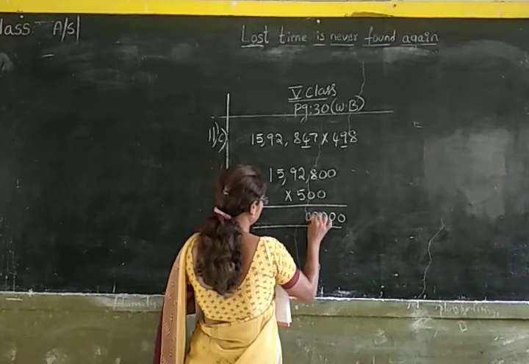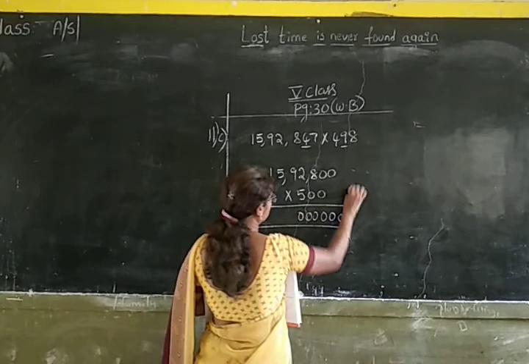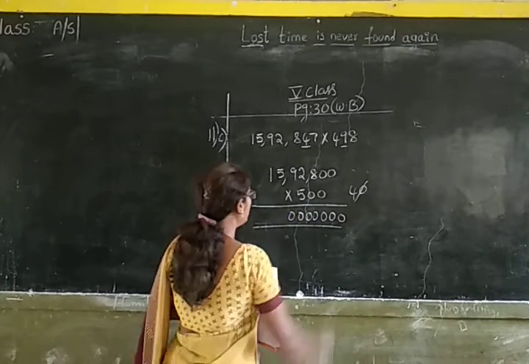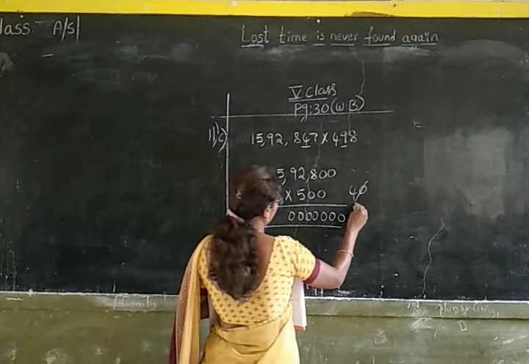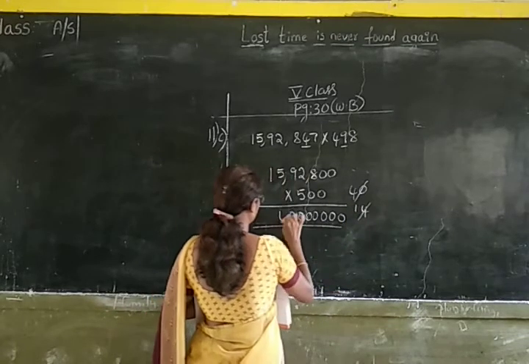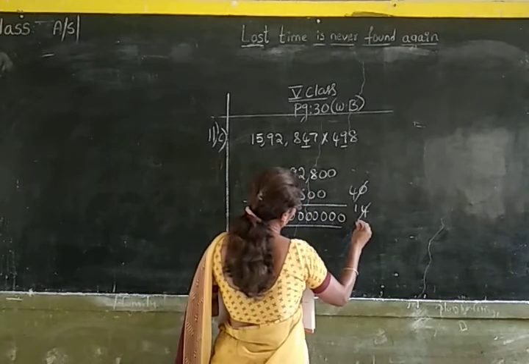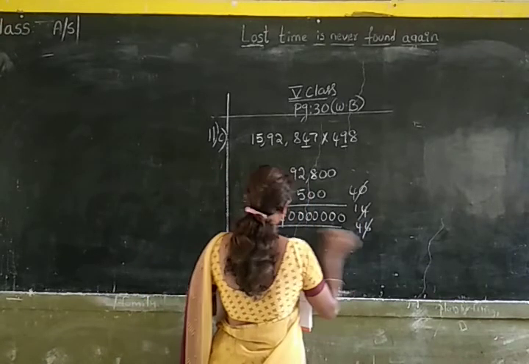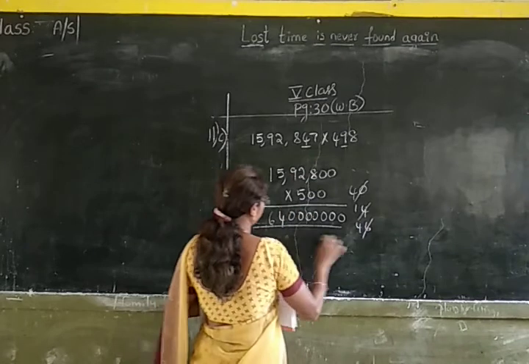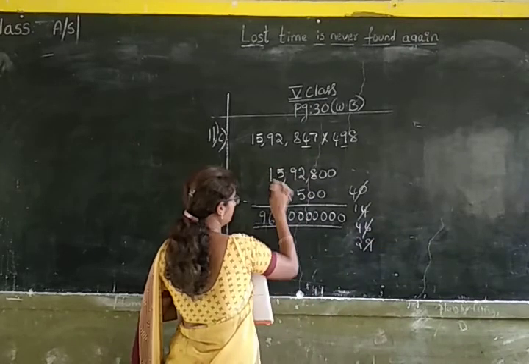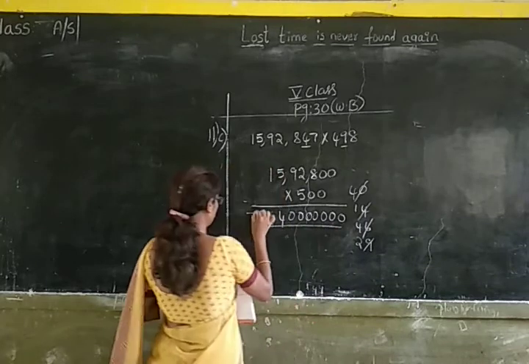5 zeros are 0. 5 eights are 40. 5 twos are 10, 10 plus 4, 14. 5 nines are 45 plus 1, 46. 5 fives are 25 plus 4, 29. 5 ones are 5 plus 2, 7.